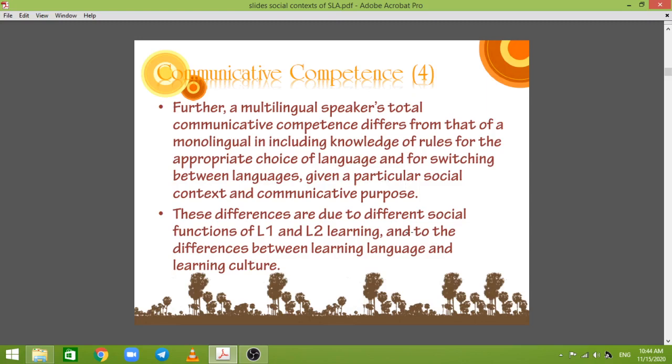These differences are due to the different social functions of first language L1 and second language L2 learning, and to the differences between learning language and learning culture.